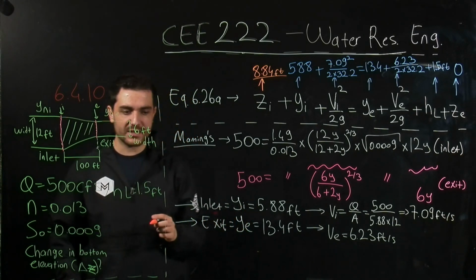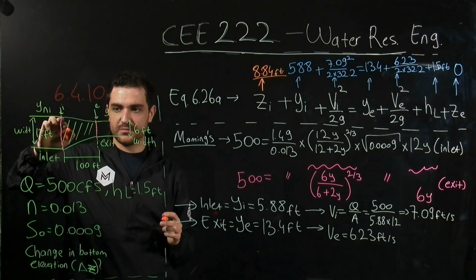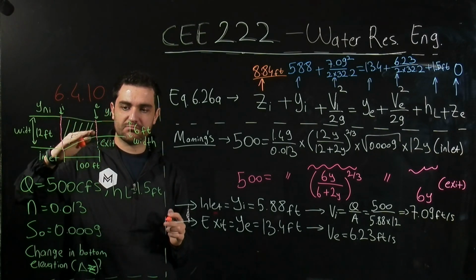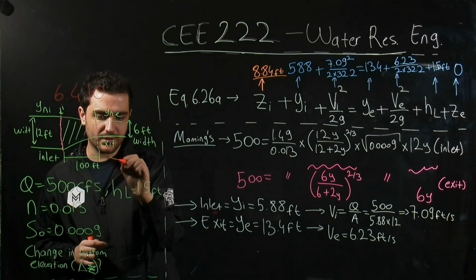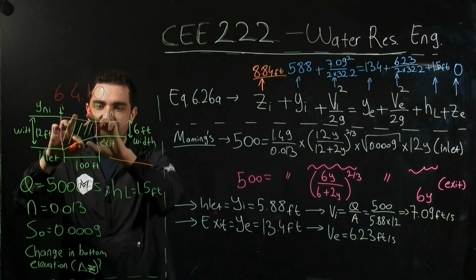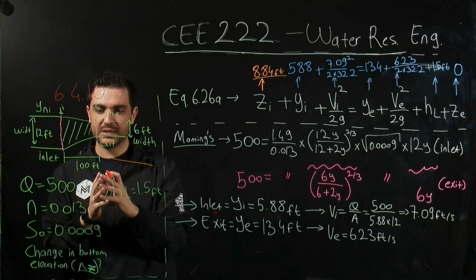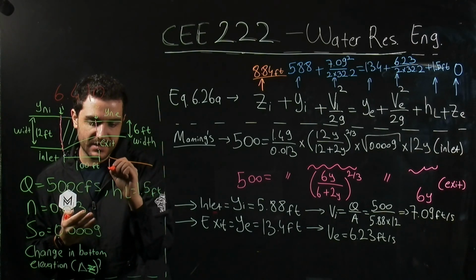This means that we actually have a higher bottom elevation, and it is decreasing toward the exit. So we will have something like this. Of course the shape can be misleading again, but this is just showing the bottom elevation change.